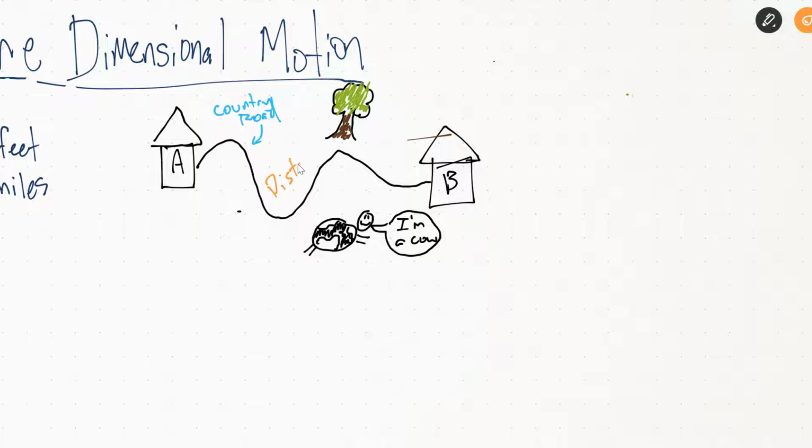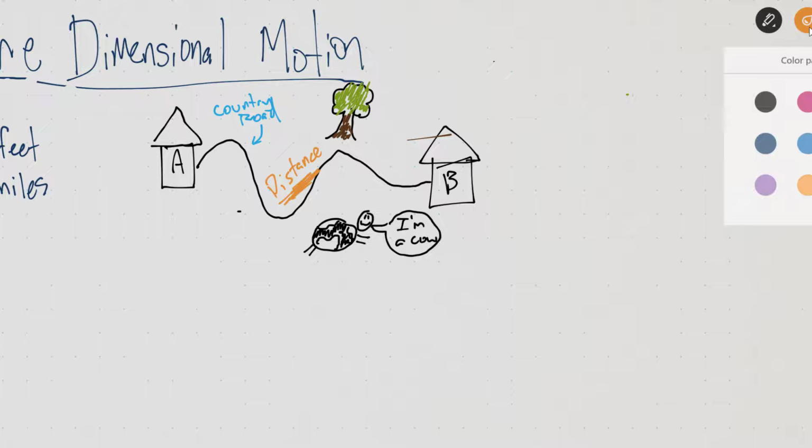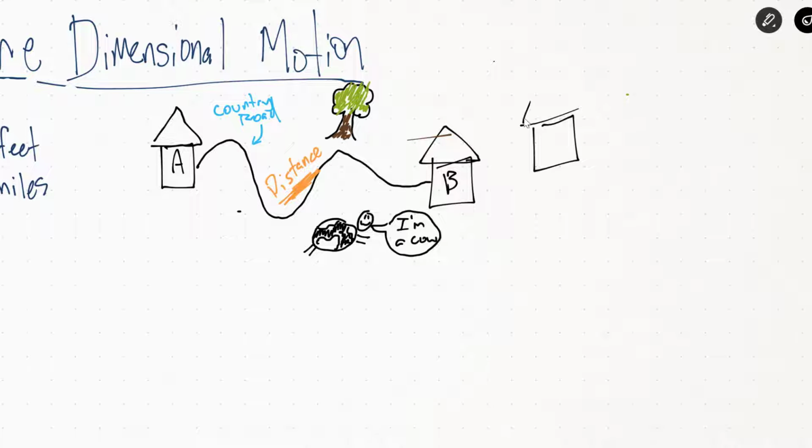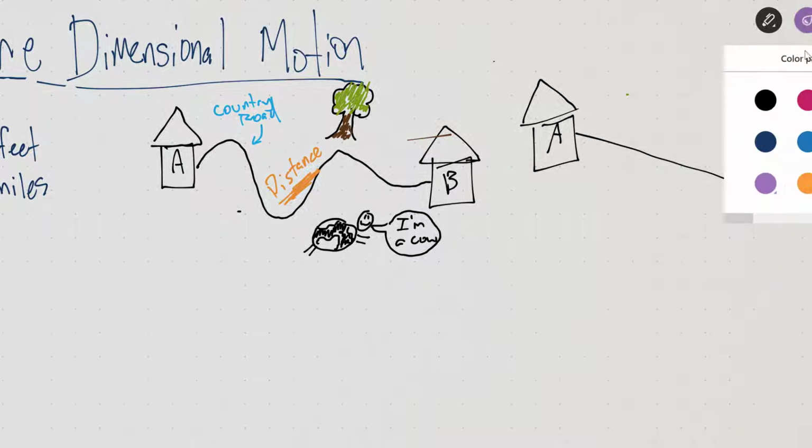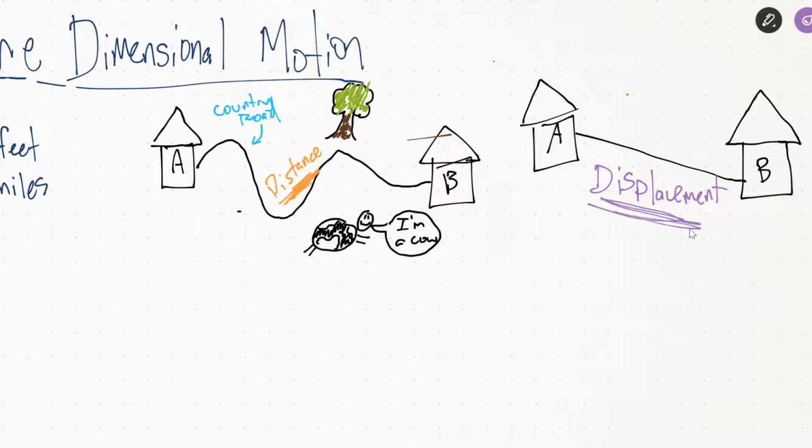The distance traveled is the length of the road, while the displacement is the length of a straight line drawn from where I started to where I ended. Only by going in a straight line from where I start to where I finish will my displacement and distance be the same. In this example, the straight line was displacement and the curvy line was distance.